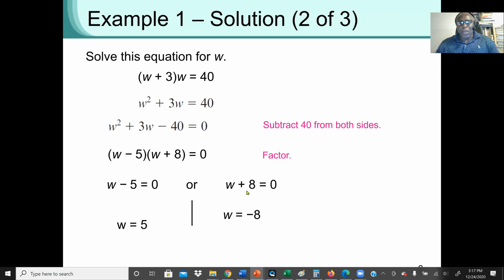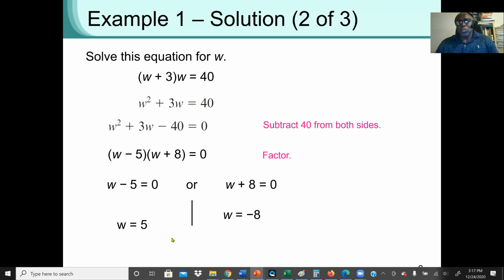Now, since this is an application problem and we are finding the dimensions of a rectangle, the width cannot be a negative value. So we just ignore W equal to negative 8. The width can be either 0, which means the object has no width, or a positive value. So we know now the width is 5. If the width is 5, the length will be 5 plus 3, which is 8.